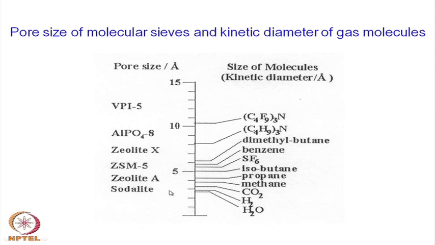What we are interested in here is to find a particular zeolite whose pore size is slightly larger than hydrogen and smaller than CO2, so that it works just by molecular diffusion, not by ionic diffusion. Earlier we discussed ionic diffusion; here we are talking about molecular diffusion. By that process one can separate out hydrogen and carbon dioxide.